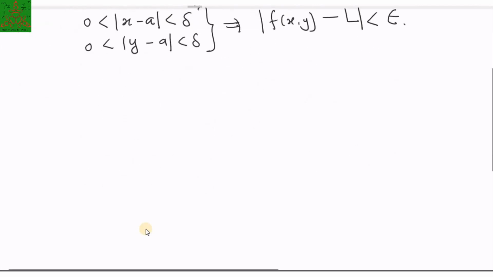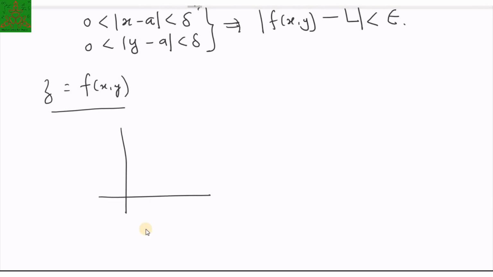So geometrically, as I told you, z equals f(x,y) is a function, then it will represent a surface. Here you will have some surface over the domain, whatever the domain of the function is.